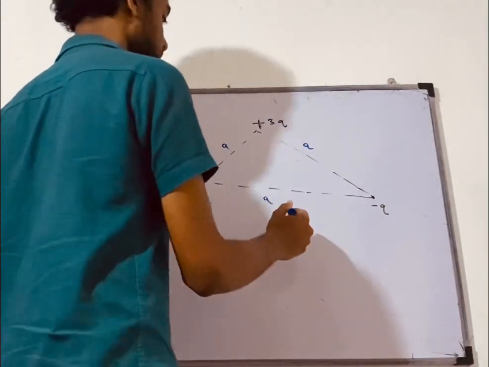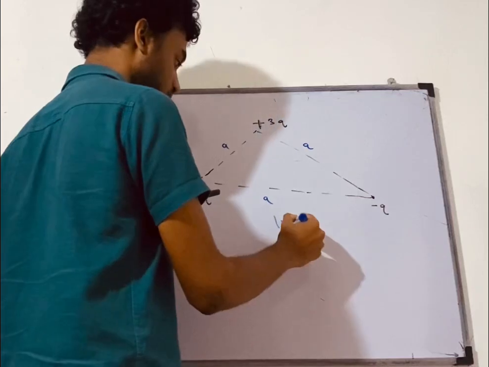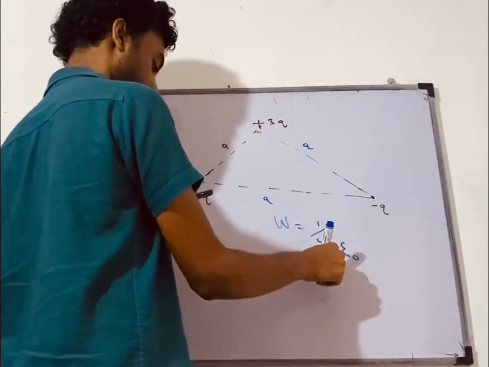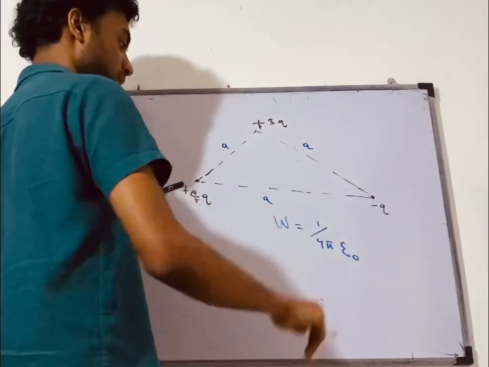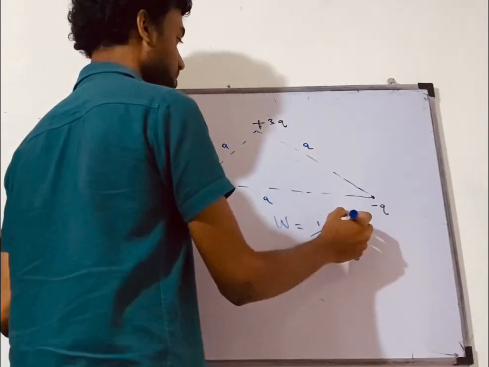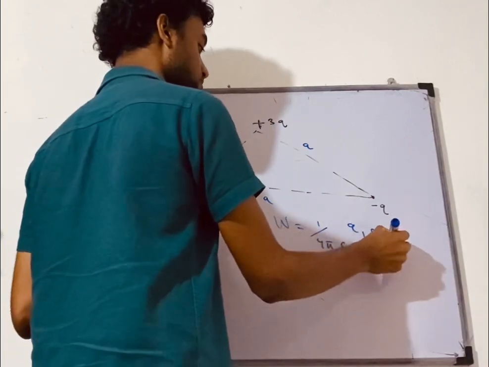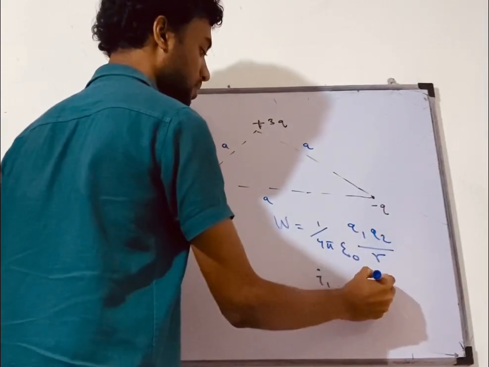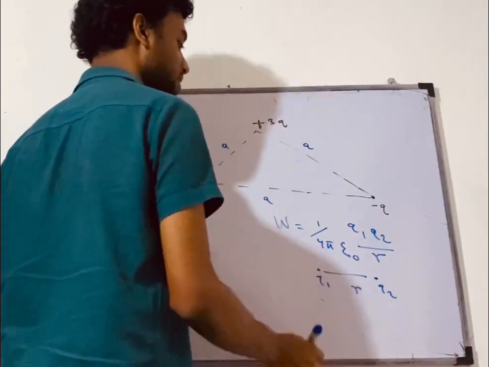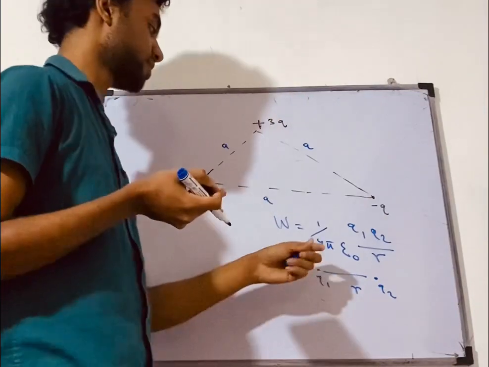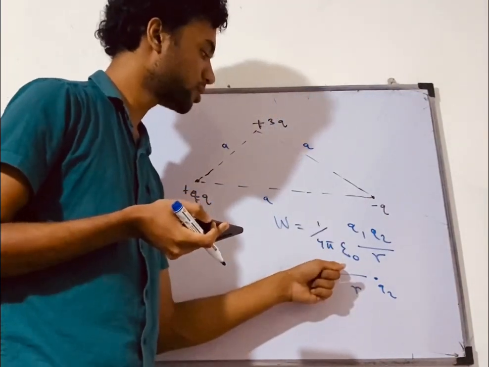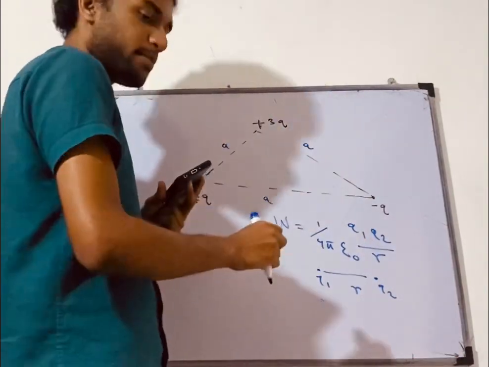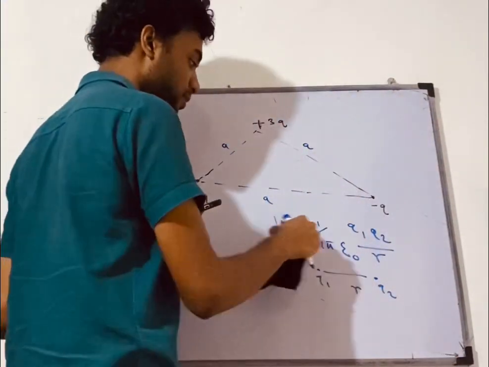But remember, electrical potential energy W is equal to what? 1 over 4 pi epsilon naught if it's vacuum, otherwise epsilon, times the charges Q1 times Q2 divided by the distance R. And remember, this equation is charge sensitive.